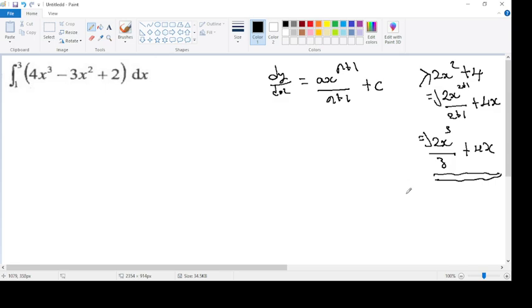Now, if someone asks you to integrate the constant c, or integrate 0, remember that under differentiation, when you differentiate a constant, for example 4, it becomes 0.